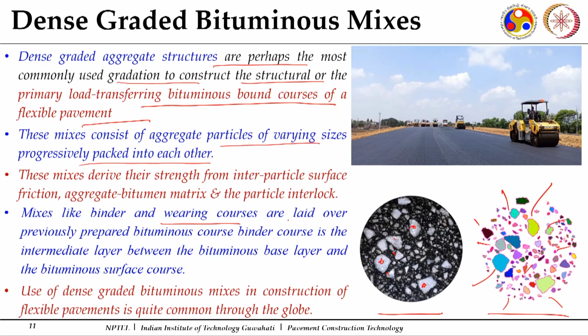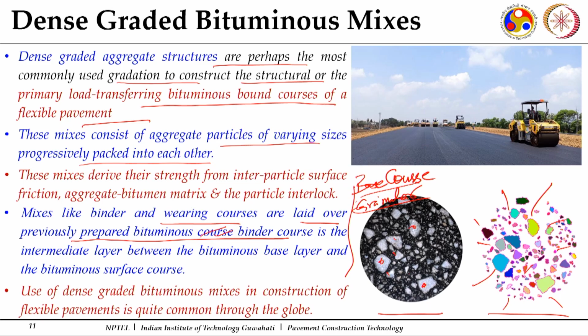Mixes like binder and wearing courses are laid over a previously laid bituminous course, as the bituminous binder course is the intermediate layer. So what is there? If I have a granular course, over that the first part will be my base course, which is a bituminous base course.